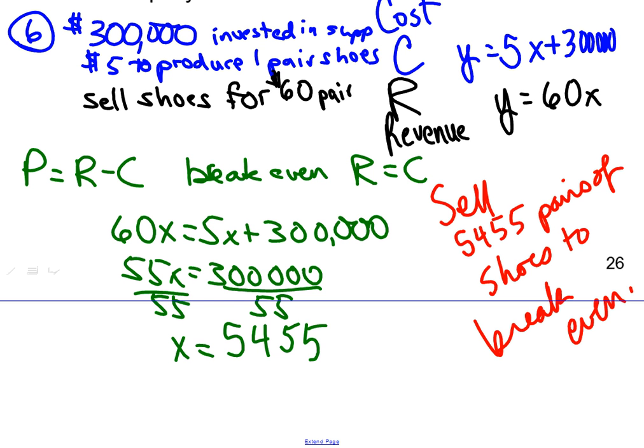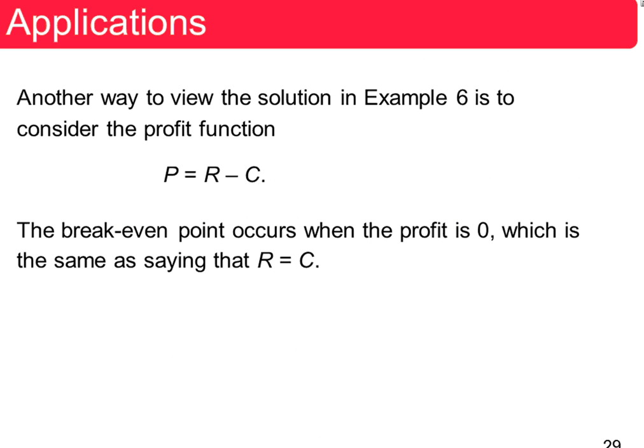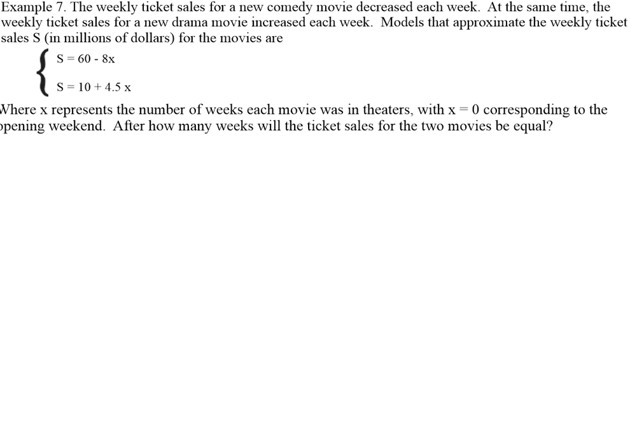I have one more application problem like that, and let's look at that for a moment. Okay, so this one's a little small on the slide, but we have the two equations here.